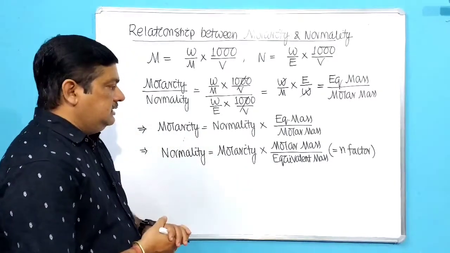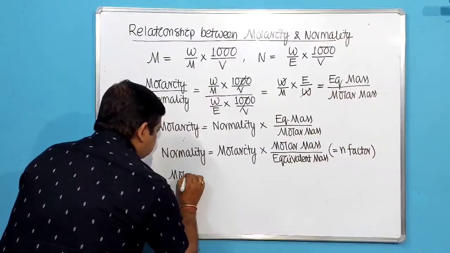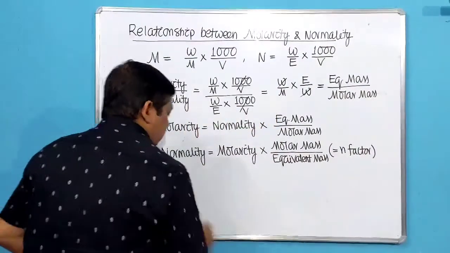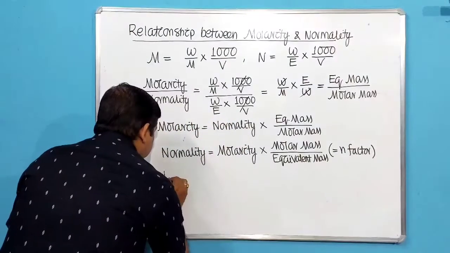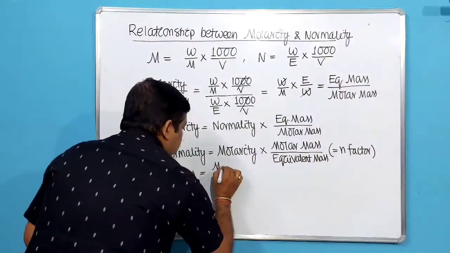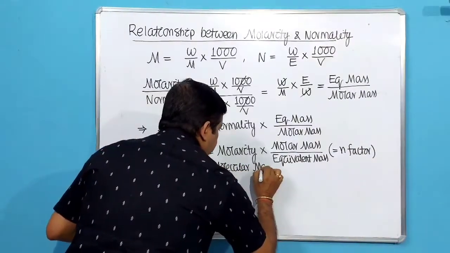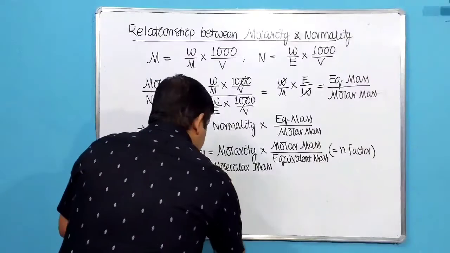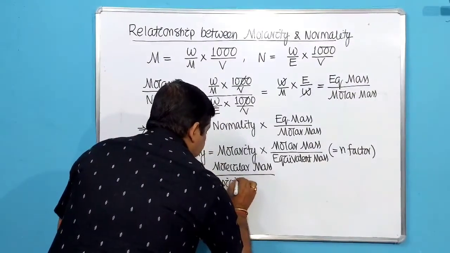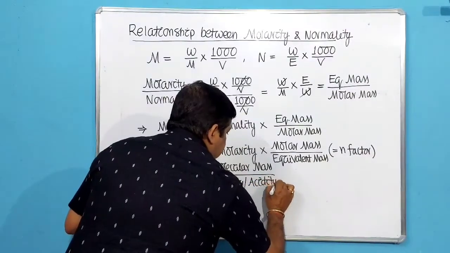Why? In order to calculate equivalent mass, we are dividing the molecular mass by either basicity when it is an acid or acidity when it is a base.